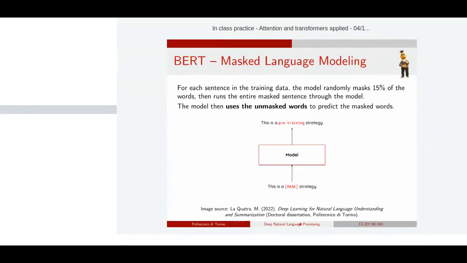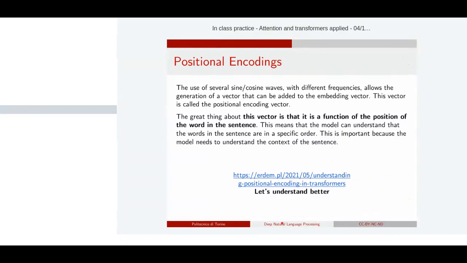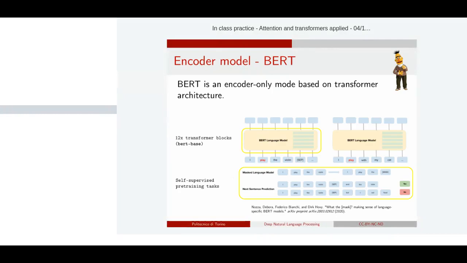Okay, so with that, we have concluded the theoretical part of positional encoding and all the other information about the theoretical part of the transformers. The idea is that we can build encoder models, so models that take a sequence as input and perform discriminative tasks, for example classification.